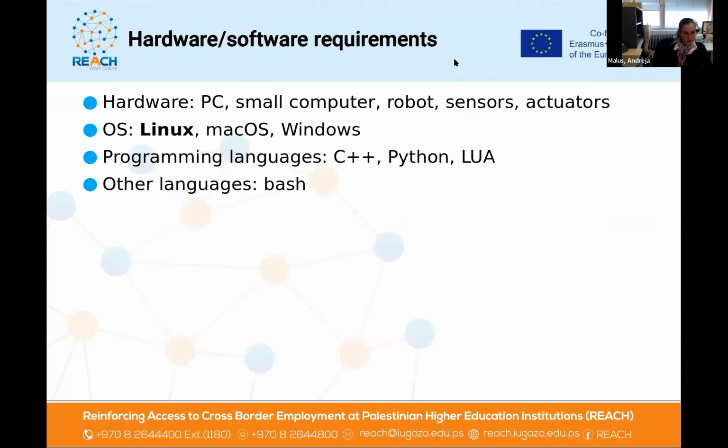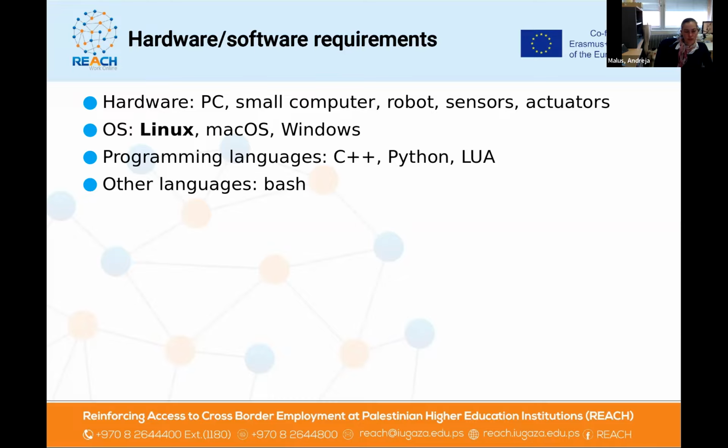So if you want to use ROS, it's a software platform that is not meant only for specific software or hardware requirements. Regarding hardware, you need a PC. You can also use ROS to distribute it over various machines.